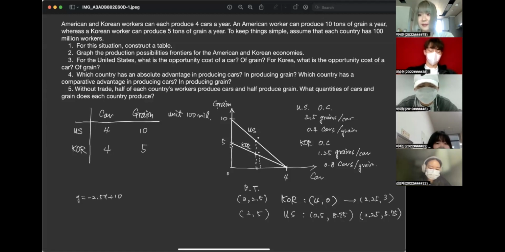So worldwide, 15 grains can be produced, right? So somewhere here is the maximum point, and the 4 and 4, so 8, is here. Please think about this. How can you merge this? All right? It is not just a straight line from the 15 to 8.